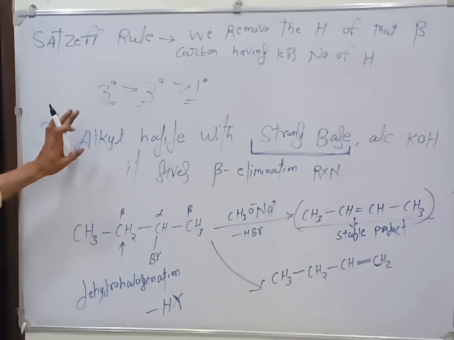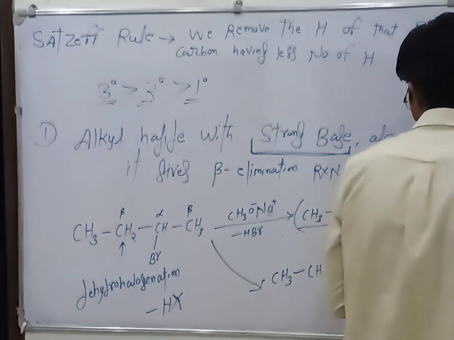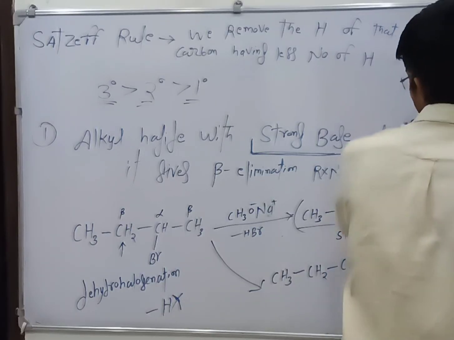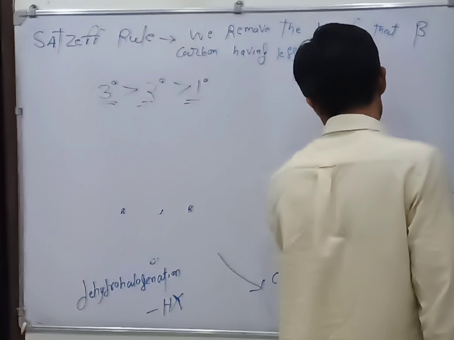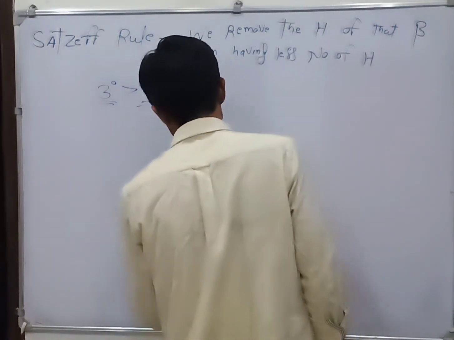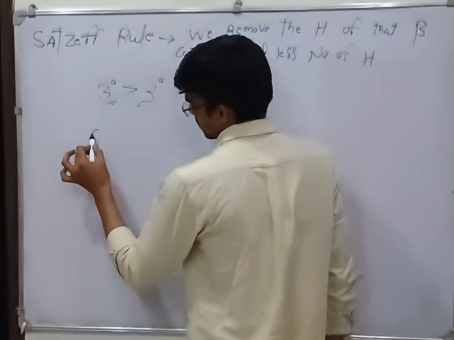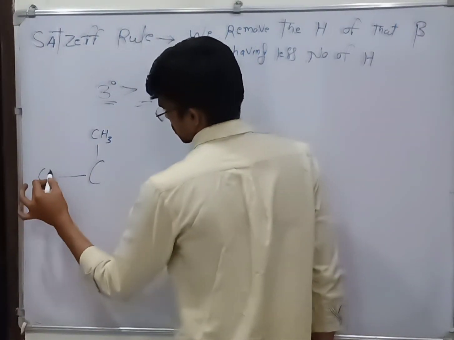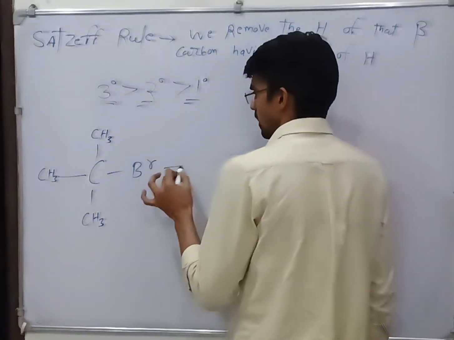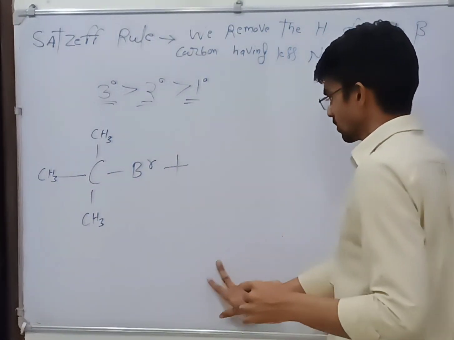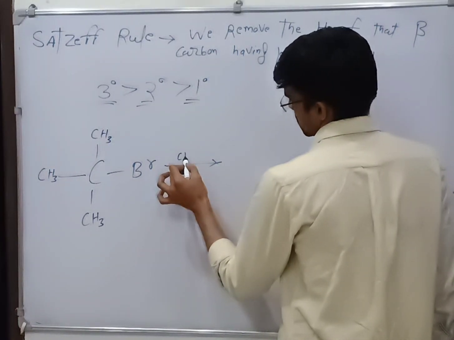3 degree gives the most stable product, है ना? Like if I give you an example of a 3 degree carbon. Like you are having a 3 degree carbon CH3, CH3, CH3, Br, and react it with a strong base like CH3ONa.